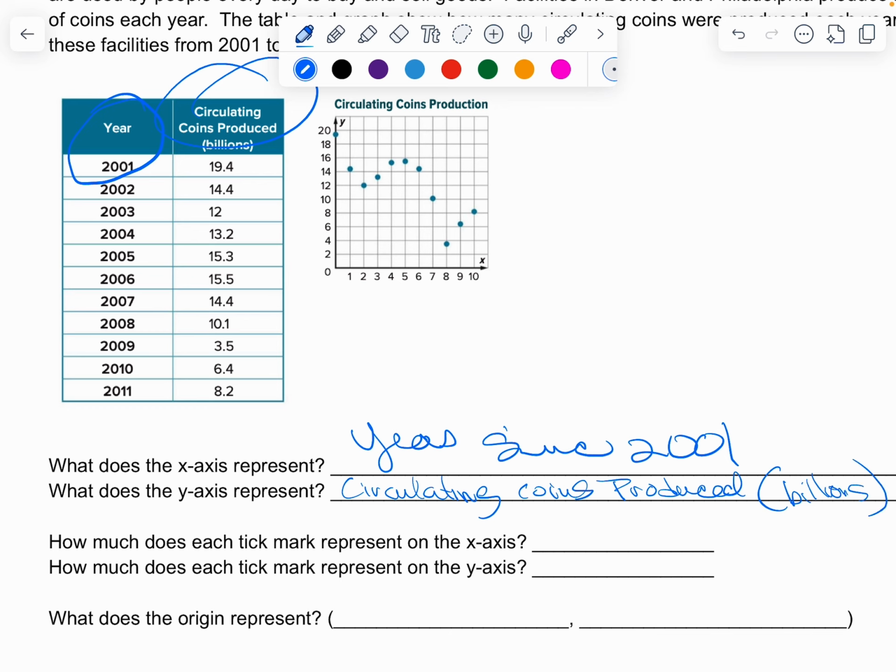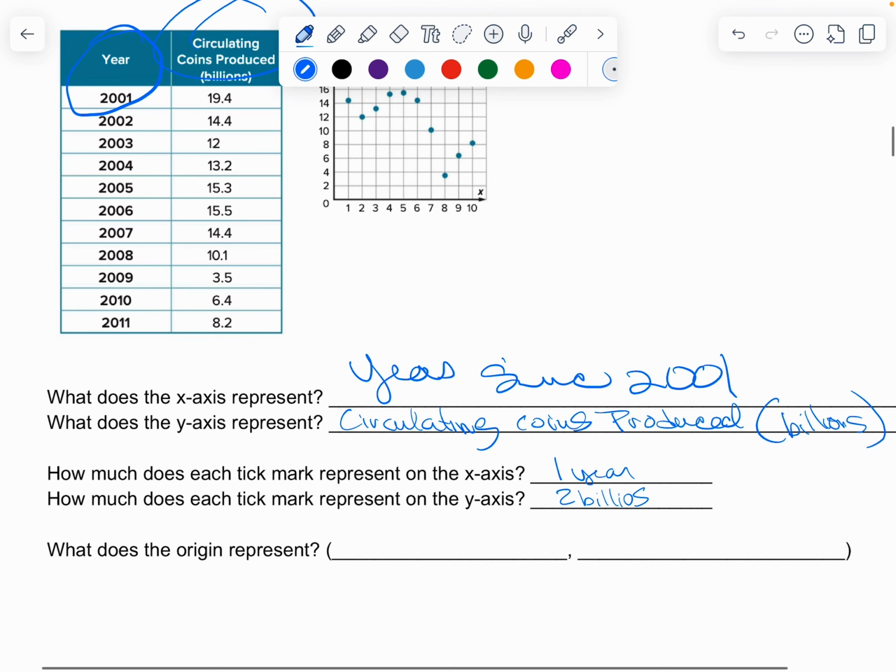How much does each tick on the x-axis mean? 1 year. And for the y-axis, 2 billion coins. What does the origin represent? 2001 and 0 coins.